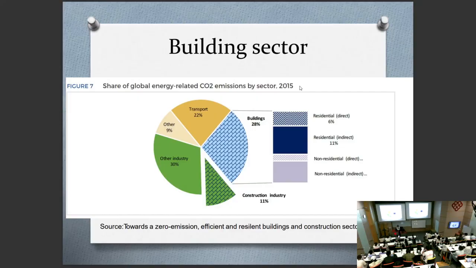Monetary considerations. The building sector is responsible for a large percentage of global carbon dioxide emissions, and it will only get larger because we have more and more cities, and people are moving from the countryside to the cities.